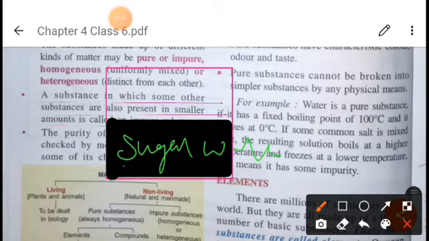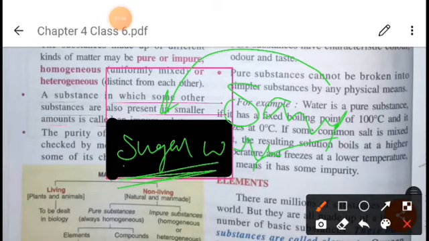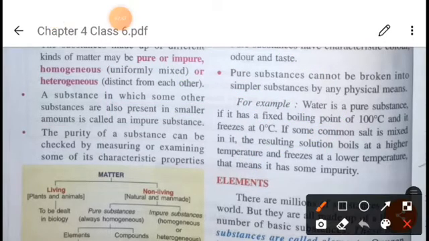Then after that, if I add sand here, then what will happen? This will become impure, right? So that is why it is written here, the substance in which some other substance are also present in smaller amount is called impure substance. Now, how will we check the purity, whether the substance is pure or not?